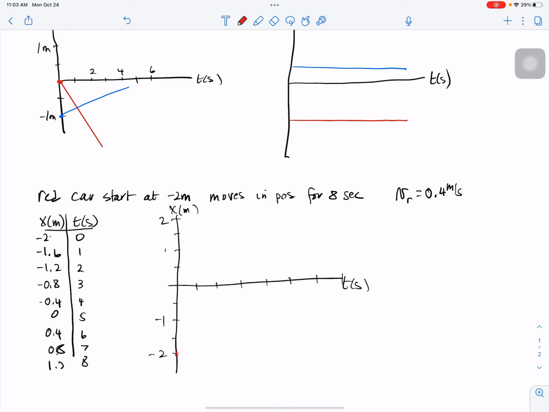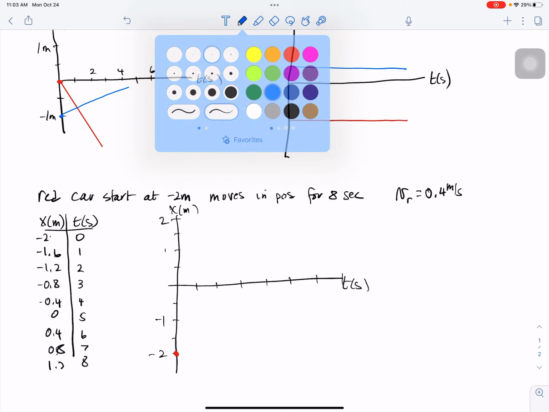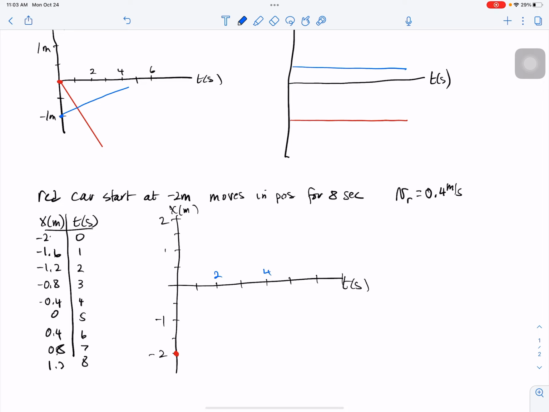I've got -2 at 0 seconds, and then I should label some of these. So 2, 4, 6. So my other point is going to be at 0 meters, 5 seconds. And then I'm just going to draw a straight line. Okay, that's what it looks like.